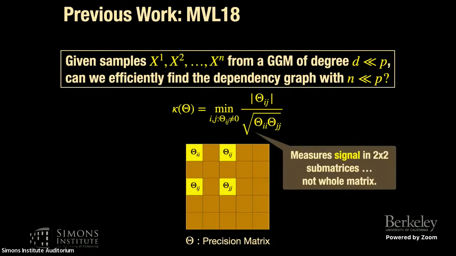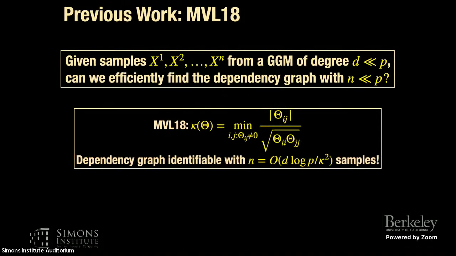And what they showed is that under this definition, information theoretically, d log p over kappa squared samples suffice to identify the dependency graph.